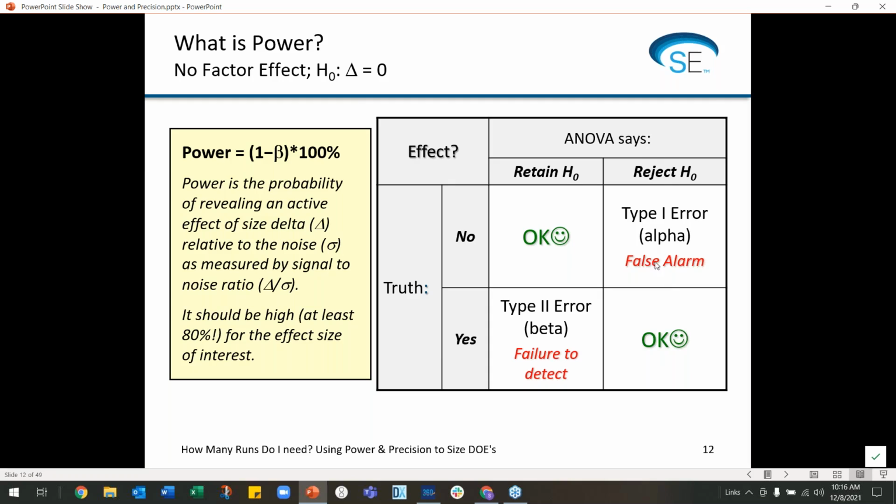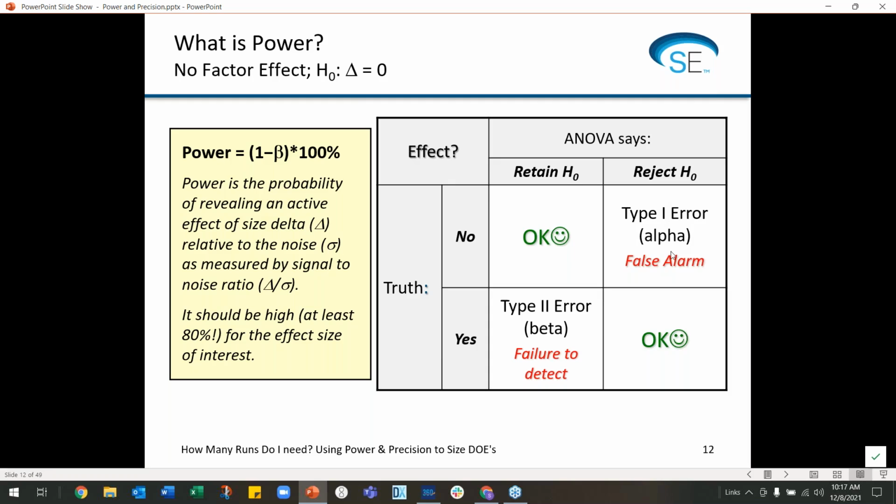If the ANOVA says, hey, there's something significant here, and perhaps the p-value is around 0.05, and the population truth is that no, that effect is not significant, then that is what's called a type 1 error, or your alpha risk, and that's a false alarm. That can happen fairly easily. We definitely get false alarms, especially with those p-values that are lower, like the 0.05, even 0.02, 0.03s can definitely still be false alarms.